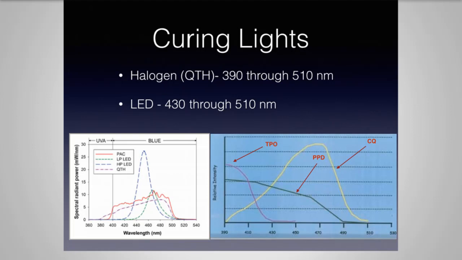As you look at the chart on the left, you can see the low-powered and high-powered LEDs, which are the dotted lines in the middle, and where that range goes as compared to the PAC light, which is the solid red line, and the QTH, which is the original halogen light. You can see that the halogen light spectrum was rather broad, and it could cure most of the materials, whether it was PPD or CQ, very effectively.